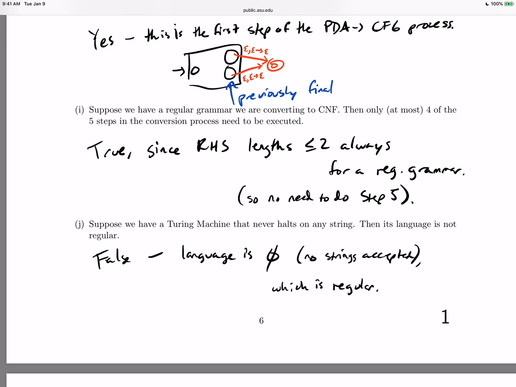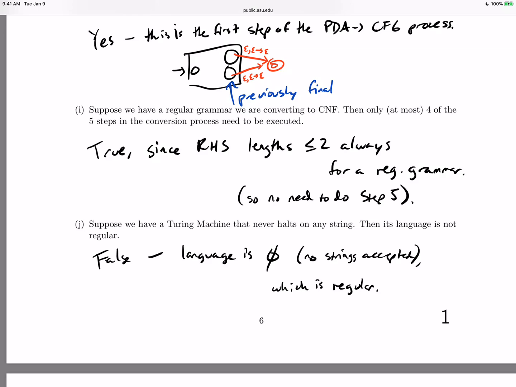But a lot of people actually said that a regular grammar can't have unit rules on the right side. Is that true? What's a unit rule? A variable makes one variable and that only. Can a regular grammar not do that? Yeah, it can. So what is the thing that you don't have to do with a regular grammar?